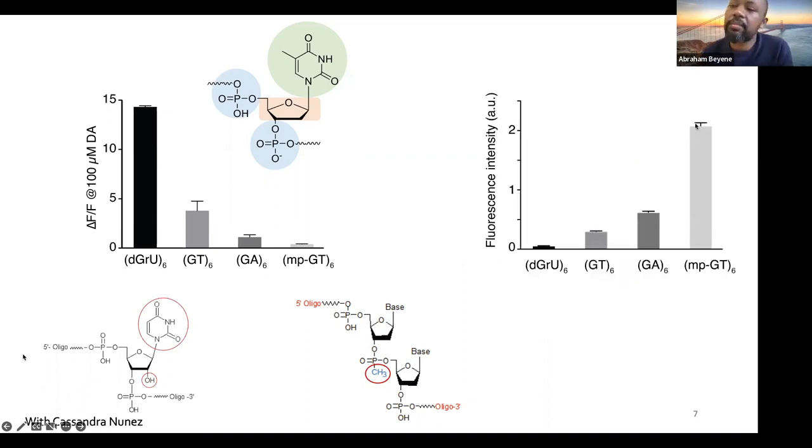In fact, if you look at the baseline brightness of these suspensions for equal amounts of nanomaterial in them, you see this opposite trend that kind of explains why we see these delta F over F trends that are depicted here.